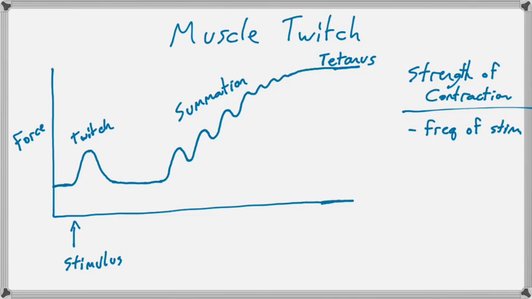In all of the muscles in your body, you have more than one fiber. So the other way that you can get a stronger contraction is from the number of fibers stimulated. So if I have 20 muscle fibers, if I want to contract that muscle as hard as I can, I'm probably going to tell all 20 to contract.